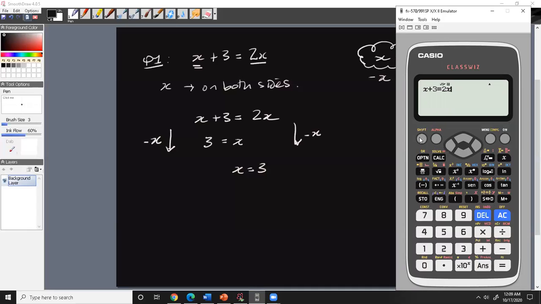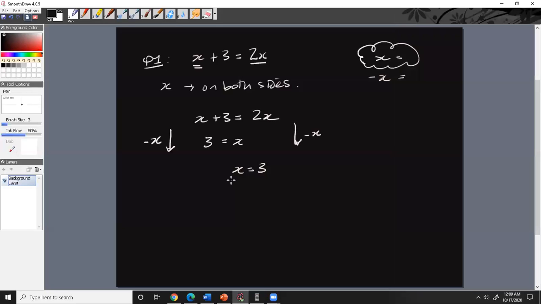So we have to press Shift Solve, and we must remember to press equals, because that first value of x that came up was the last value of x that you calculated in your calculator. So you must remember to press the equal sign there now to get the actual correct value of x for this equation, and x is equal to 3. Okay, so that's the first one.